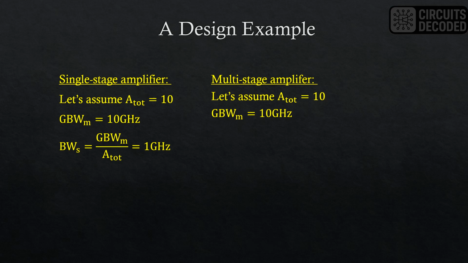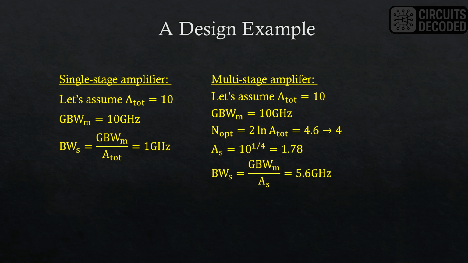Now let's consider a multi-stage amplifier design where the specifications for the gain and GBW are the same, but we can use n number of stages. From the n optimum equation, we get the optimum value for n, which is 4 in this case. Using this value, we can then find the stage gain as 1.78 and the stage bandwidth as 5.6 GHz.